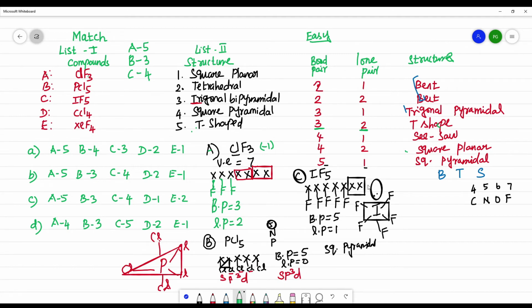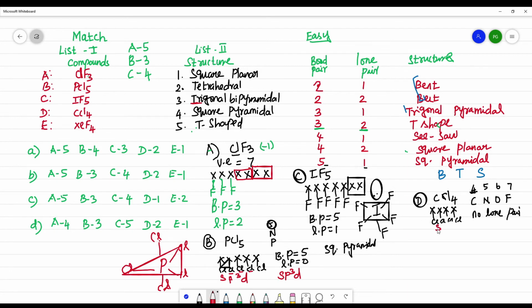Next, going with D. What is D? D is CCl4. Carbon has valence electron 4: 1, 2, 3, 4. Everything is bonded with Cl. There is no lone pair. So what is the hybridization here?